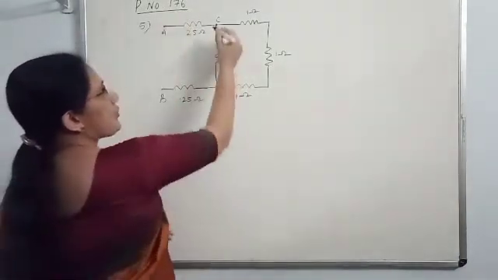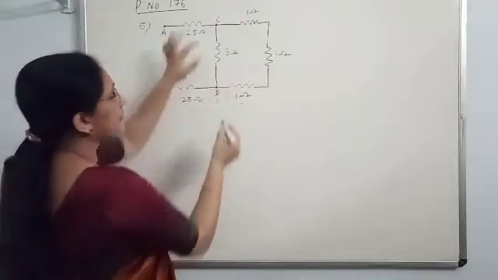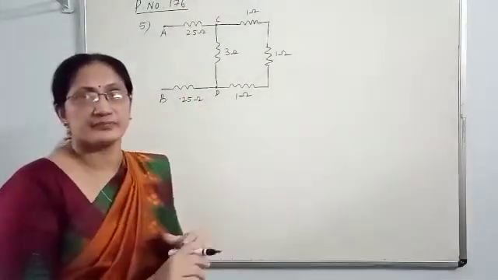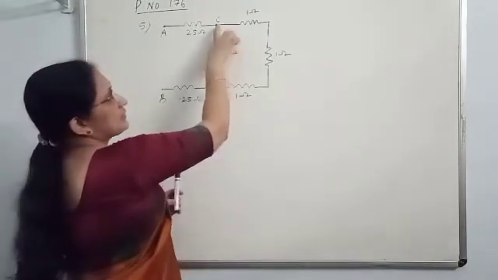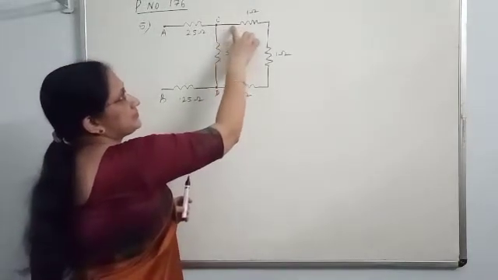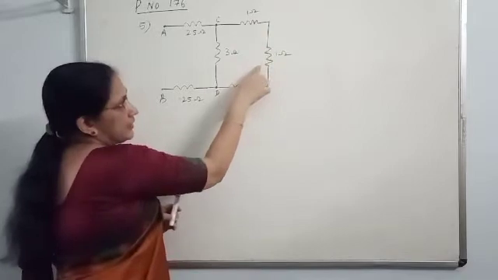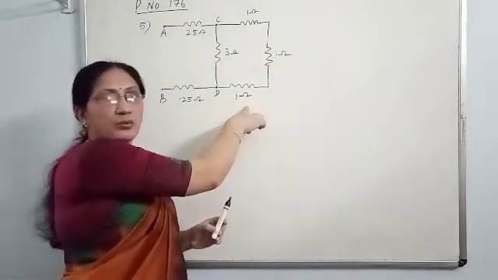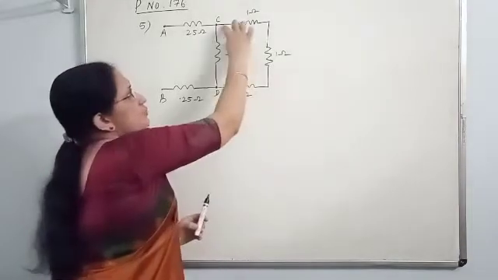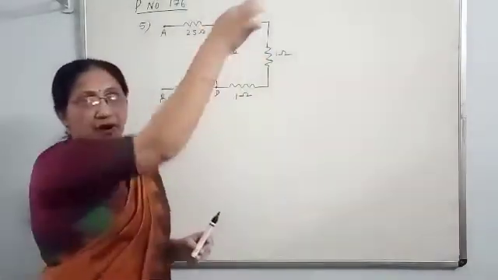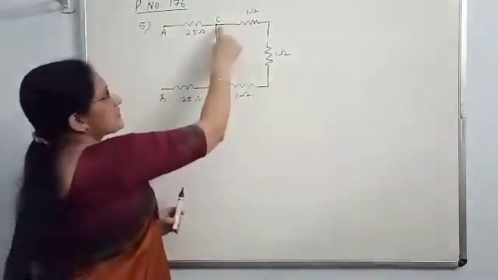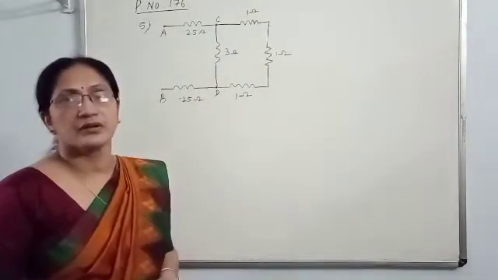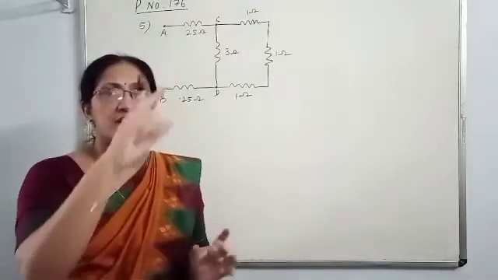Look at these 2 points C and D. Between C and D there are 2 branches. See, one branch starts from here, and in this branch there are 3 resistances of 1 ohm each. So this is one branch coming from C to D. This is the second branch coming from C to D. Okay, you have to consider only complete branches.